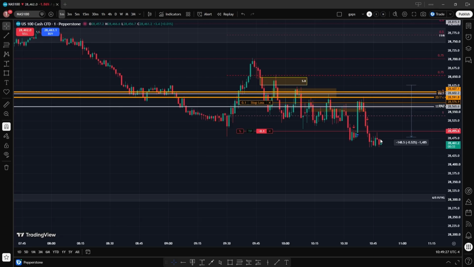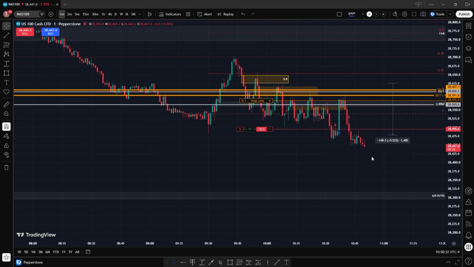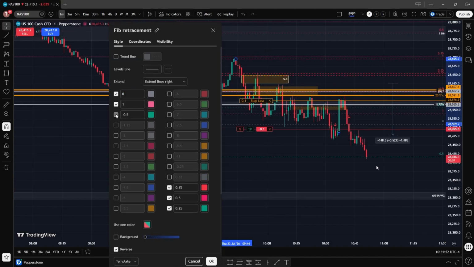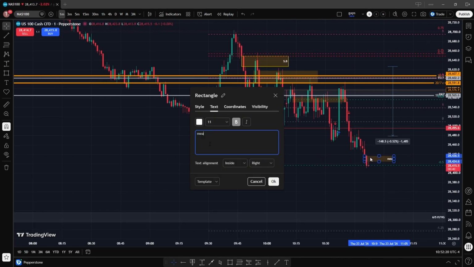So right now, do we see price use this as an order block to trade lower? Nice. 1050. Do we start ripping lower? Beautiful. So there we go.